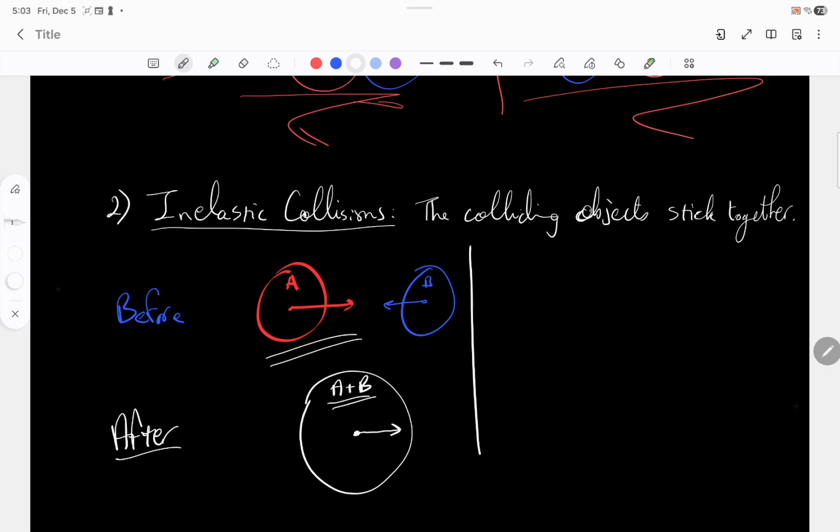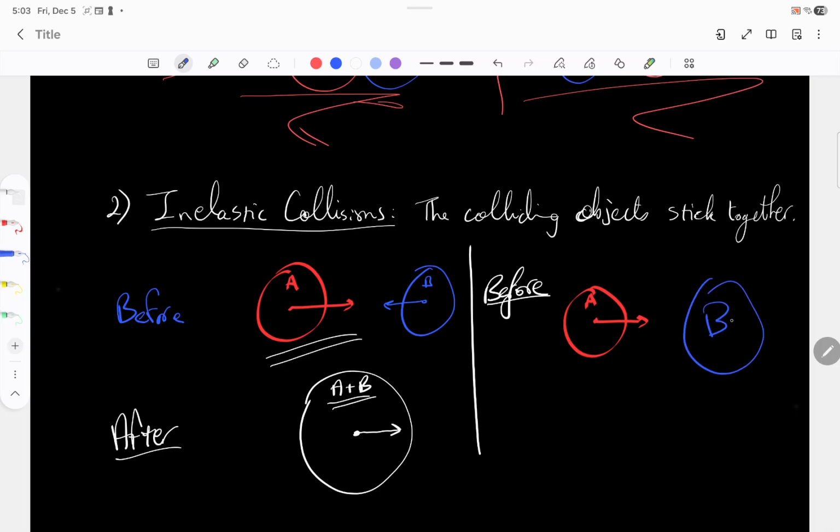Now consider what happens in another scenario, a simpler case, where we have object A heading towards object B, but this time object B is not moving. So it's a static object that has no intention of moving, and object A is heading towards it.